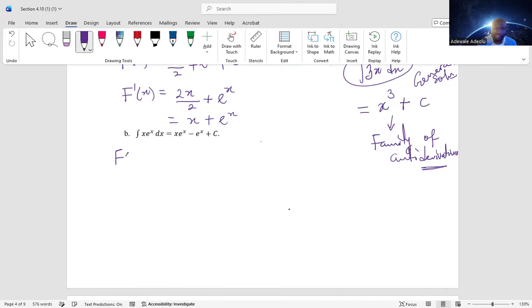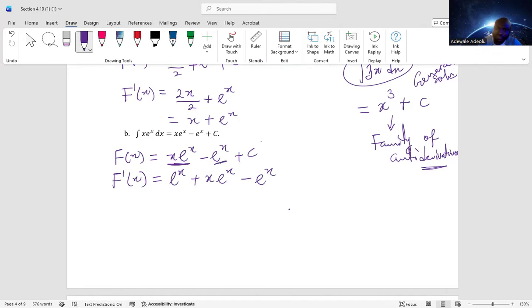Let us check the next one. The antiderivative in this case is x e to the x minus e to the x plus c. Let us simply take the derivative of our function. I can apply the product rule here. The derivative of x is 1, so I will say e to the x plus, now I will keep x, the derivative of e to the x is e to the x. So minus the derivative of e to the x, which is e to the x.